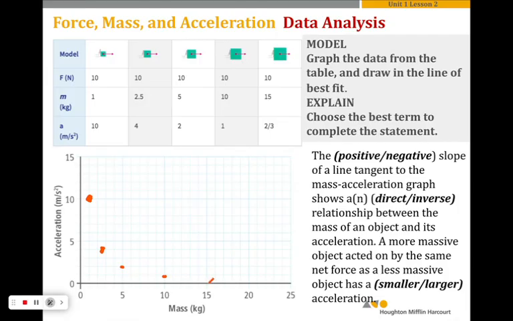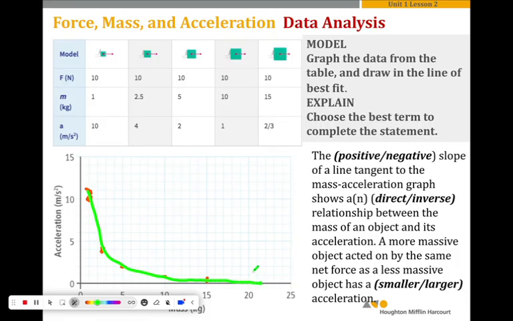And at 15 kilograms, acceleration is 2/3 meters per second squared. So draw this line. It shows a curve that would probably continue downwards. Okay.